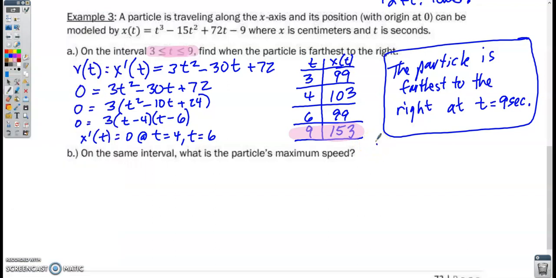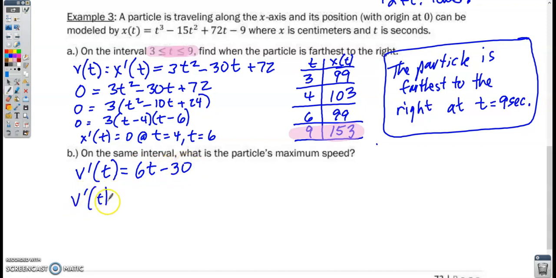All right, part B. On the same interval, what is the particle's maximum speed? Speed is the absolute value of velocity. So if we're trying to find the maximum speed, candidates for where that can occur are the critical points of velocity. We find v prime of t by taking the derivative of our velocity function, and that gives us that v prime of t is 6t minus 30.